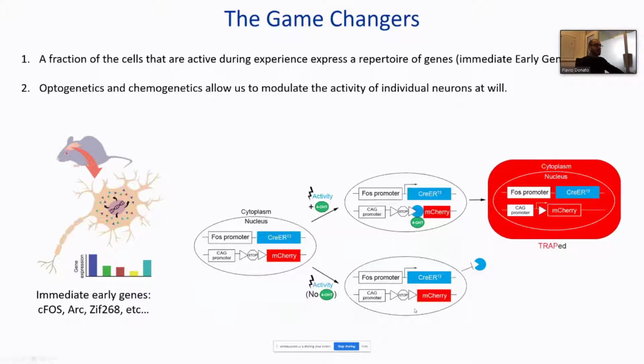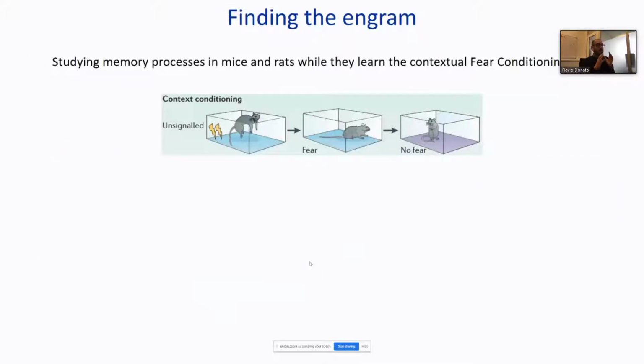So the application of these two technologies made us able to now study the behavior of animals, in particular rodents and in particular mice, because these you need to induce via transgenesis, which is easier in mice, and you will see next week why and how it happens, and to study them when animals are able to form memories. One of the most basic types of memory that you can create in a mouse is an association similar to the one that I already introduced when I was talking about Pavlov.